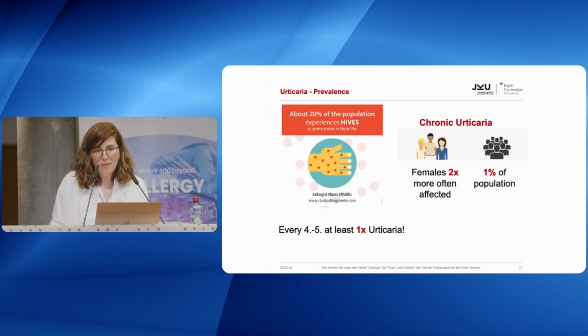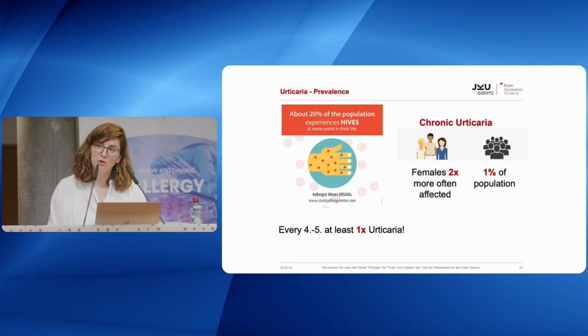So how common is this? About 20% of all of us will have a urticaria at least once in their life, most often acute urticaria, so not lasting for a long time, and very often already in childhood. I guess several of you have already had such an experience once in your life.